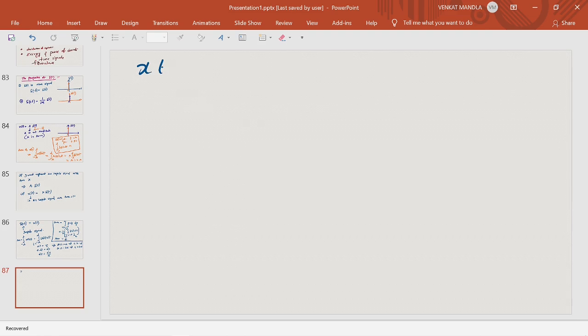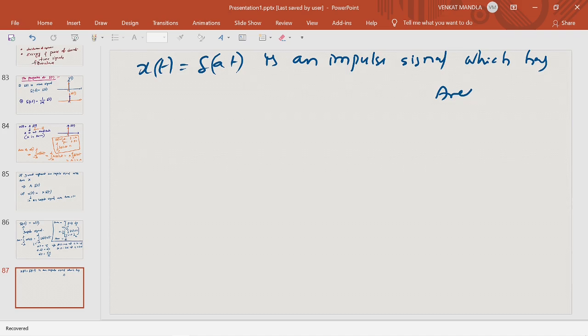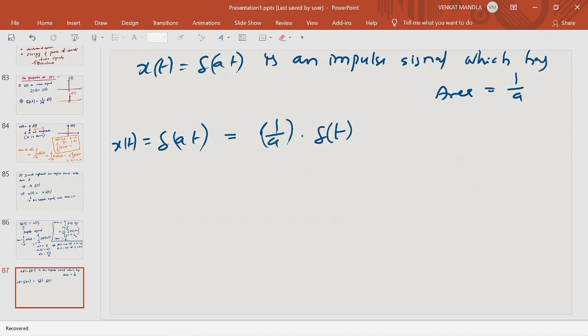So here x of t is del of at, an impulse signal which has area equal to 1 by a. And how to represent this? Let's say x of t equals its area multiplied by del of t. Already discussed this.